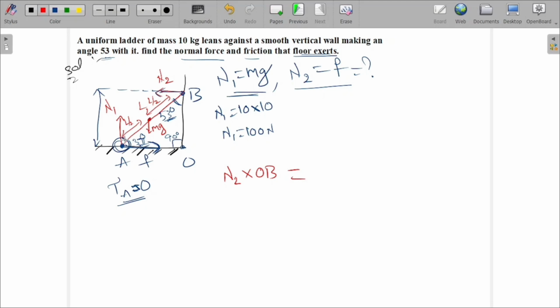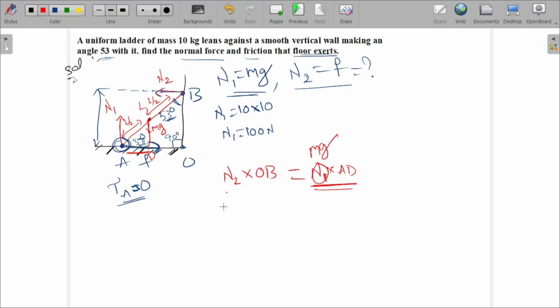That will be equal to N1, which is acting at a distance from A to some point D, AD. So N1 into AD. Now instead of N1 we write mg, mg is acting at a distance of AD.